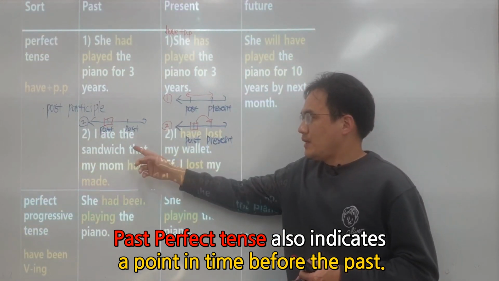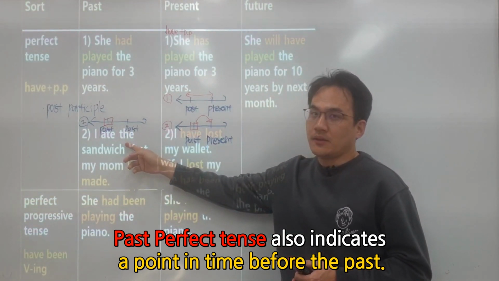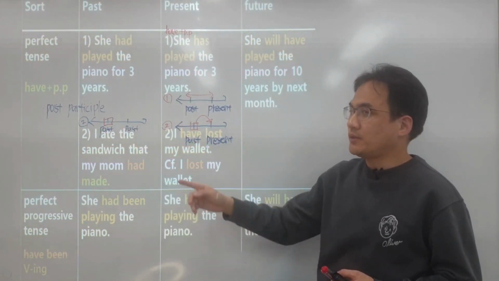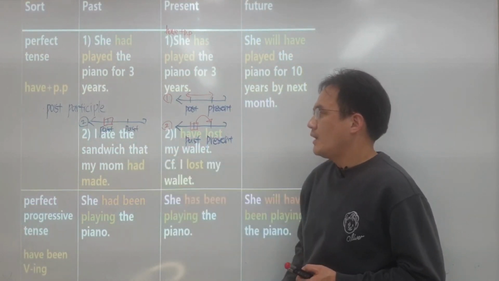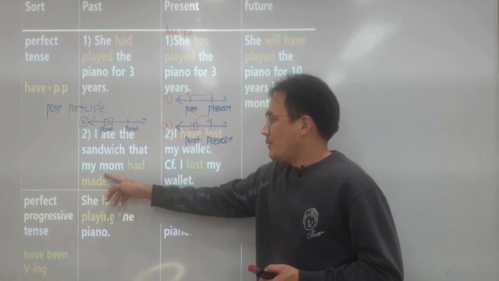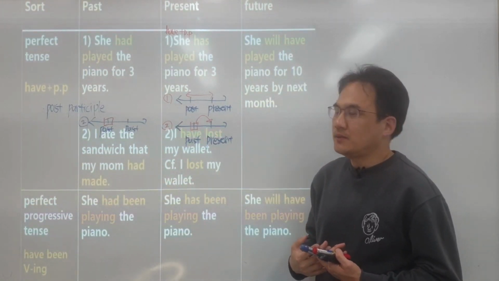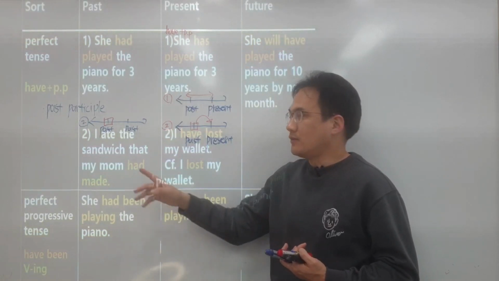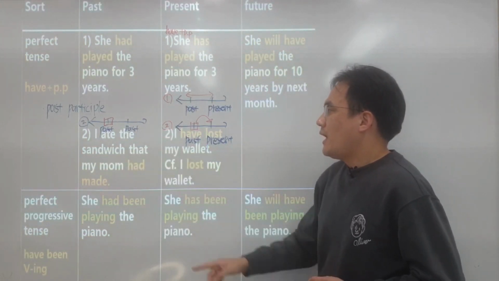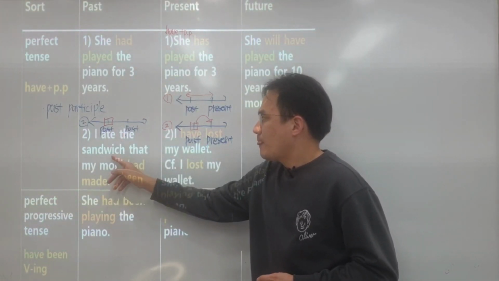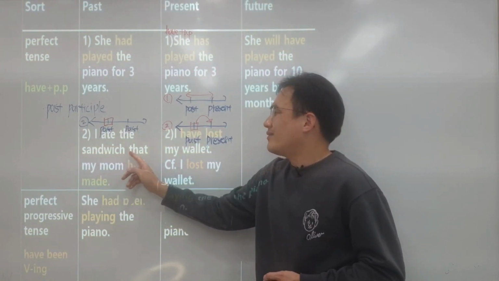So let me read this really great example to help you understand the situation. I ate the sandwich that my mom had made. I'll exaggerate to help you understand the situation. Is that I ate the sandwich yesterday. What sandwich?